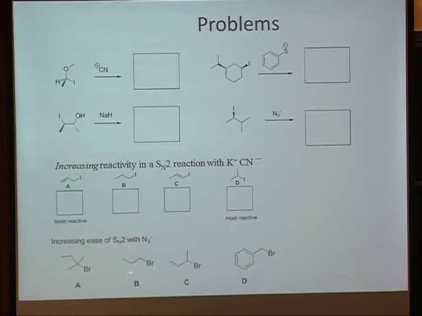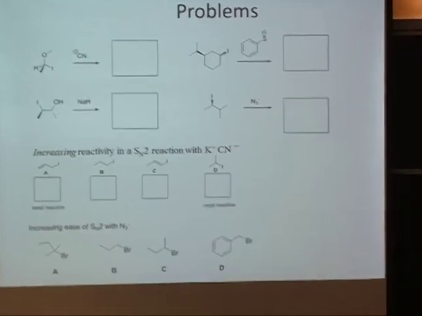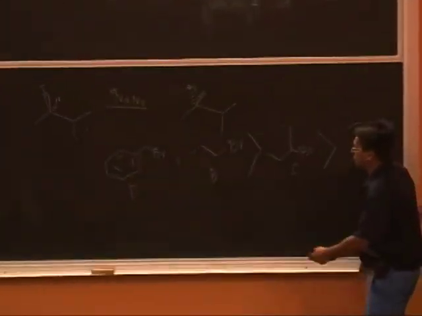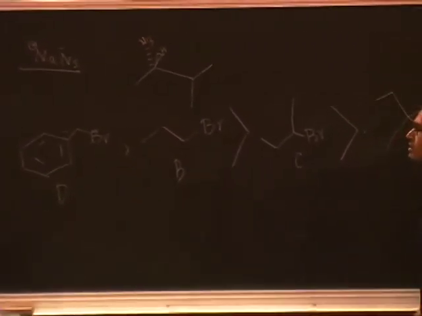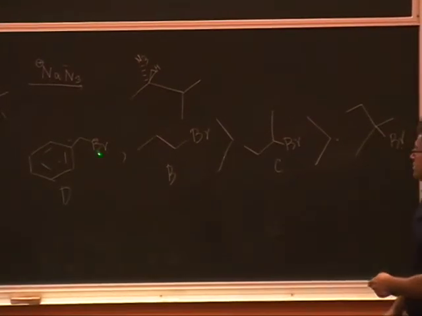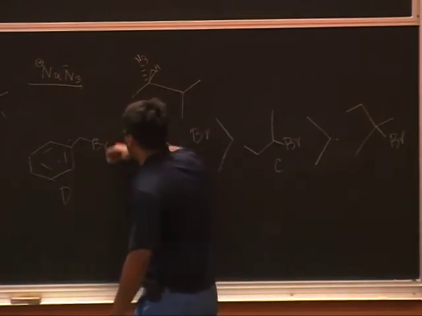Which is better than C, because that's not tertiary, right? And these are better than A, which never will give you an SN2 reaction. Now, between B and D, which is better? D. Why? Exactly. So D is better than B.